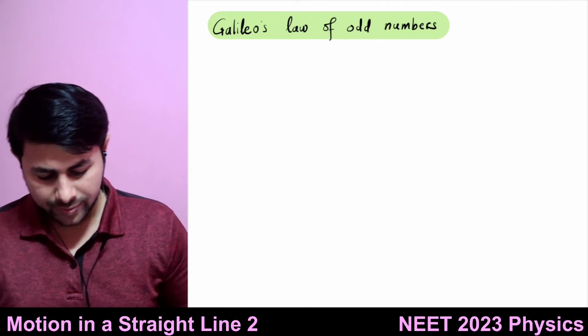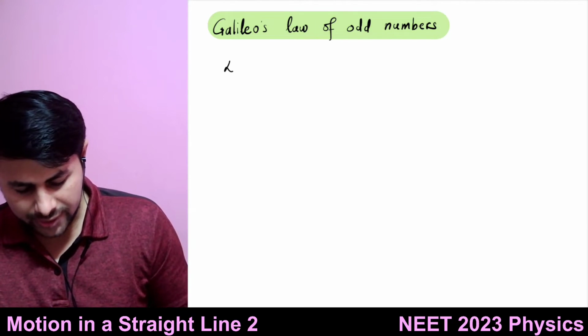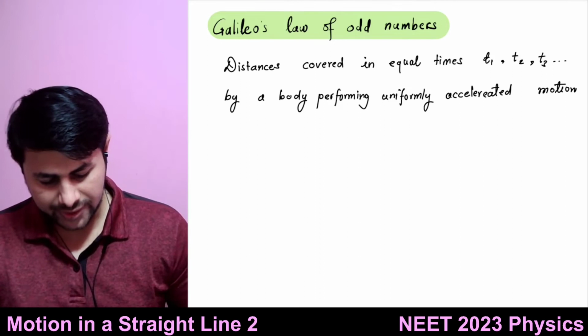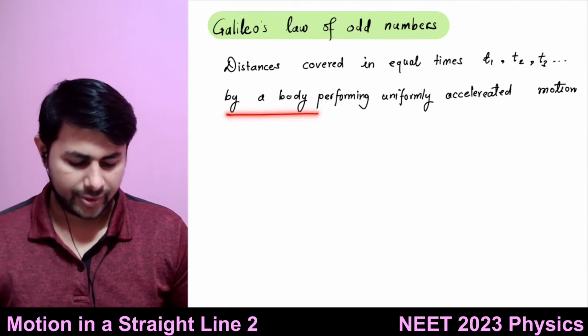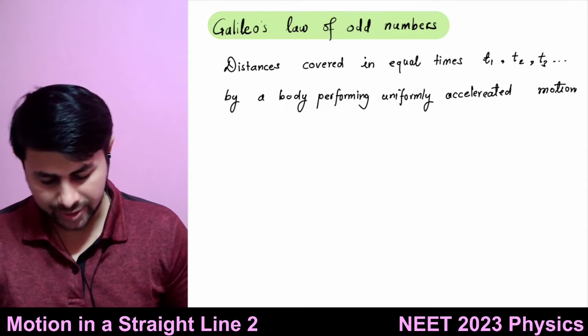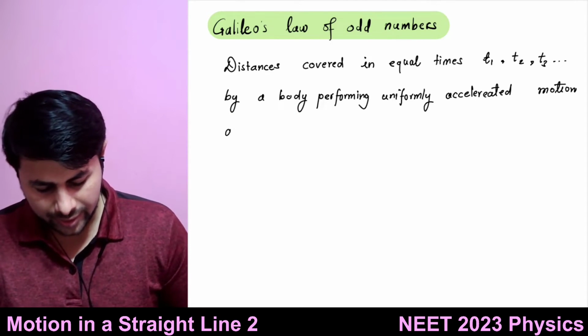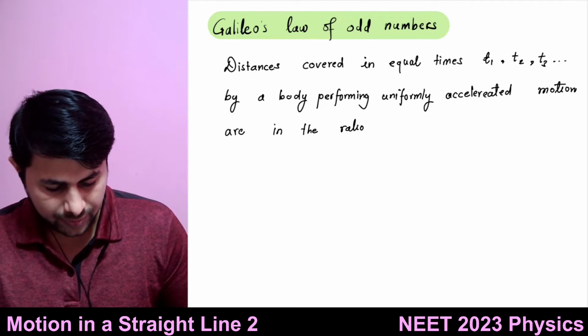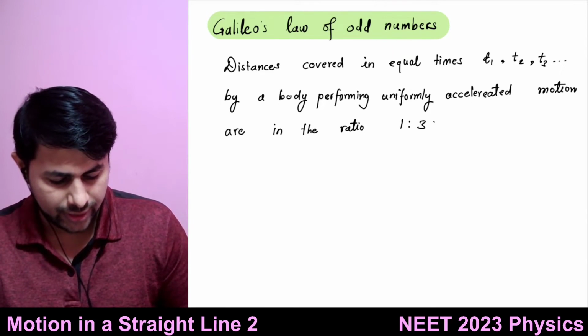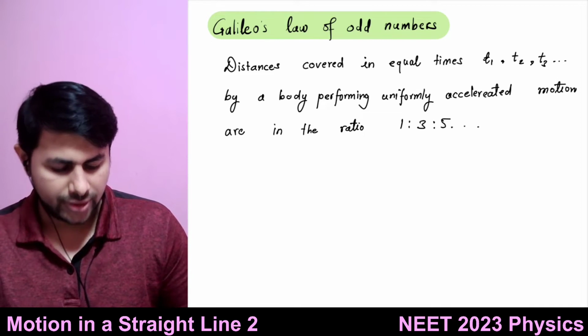Okay, so the distances covered in equal times t1, t2, t3 by a body performing uniformly accelerated motion are in the ratio 1 is to 3 is to 5, and so on and so forth.